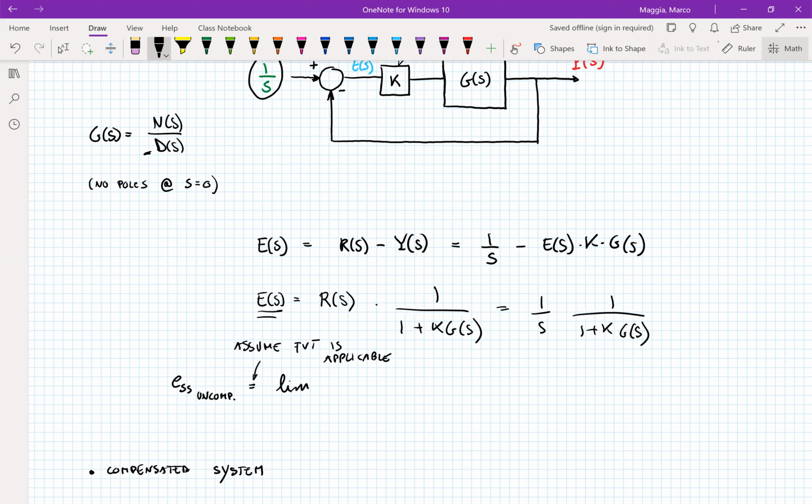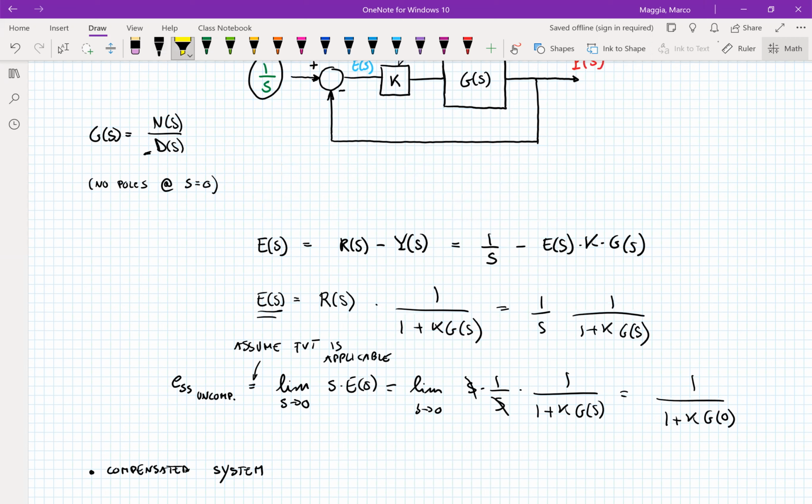So in this case, we have the limit for S that goes to 0 of S times E of S. So we have the limit for S that goes to 0 of S times 1 over S times 1 over 1 plus KG. So here S and S cancel out, and we're left with 1 over 1 plus KG evaluated at 0. Okay, so this is the steady state error for the uncompensated system.